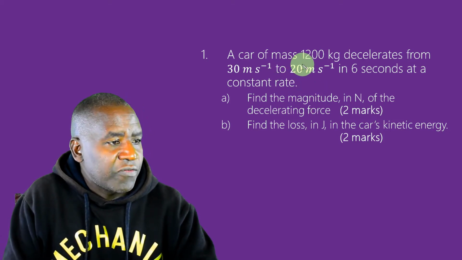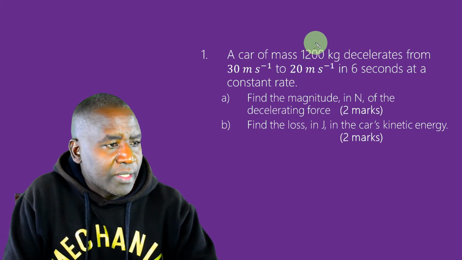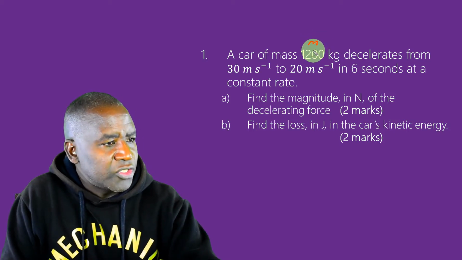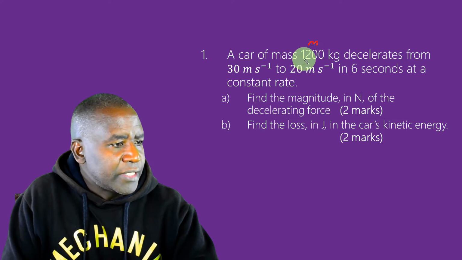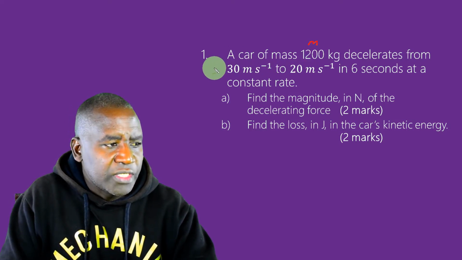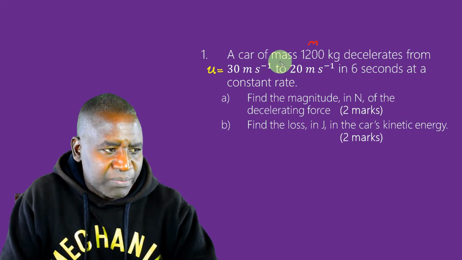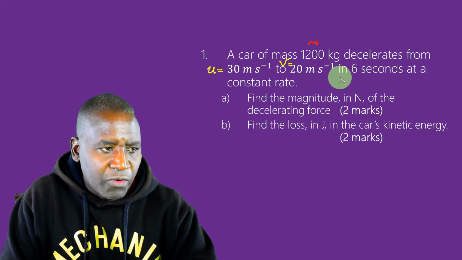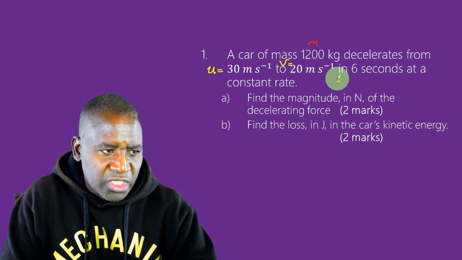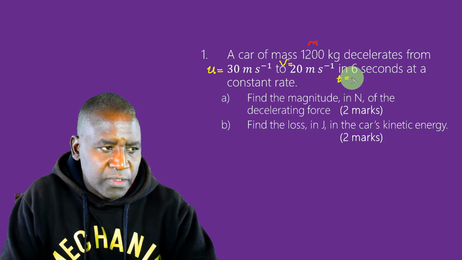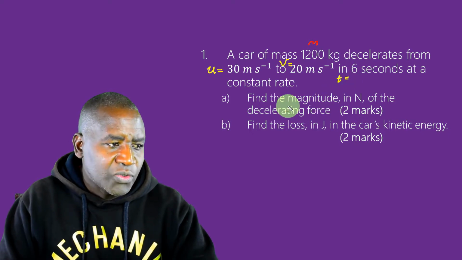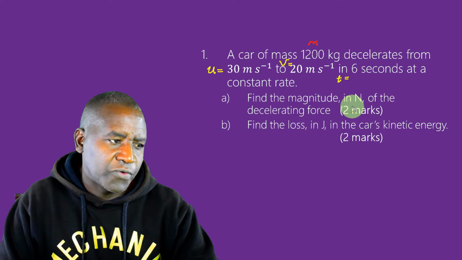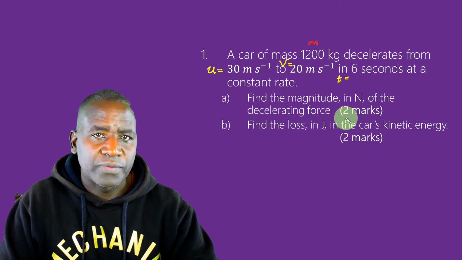We are told that a car of mass 1200 kg, that is M, decelerates from, this is U, to 20 meters per second, this is V, in a time of 6 seconds. So this is T, 6 seconds. We are asked to calculate the magnitude in newtons, of course, of the decelerating force.